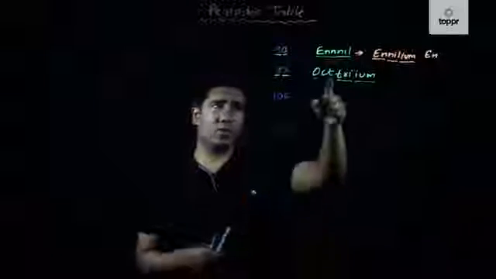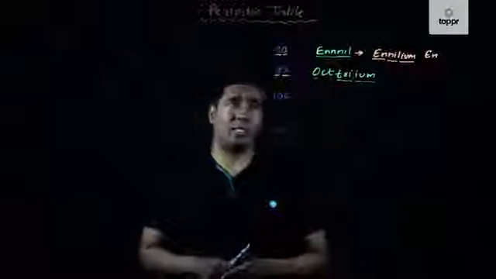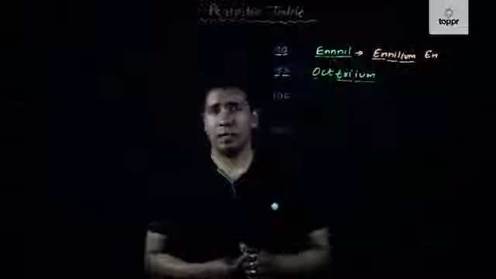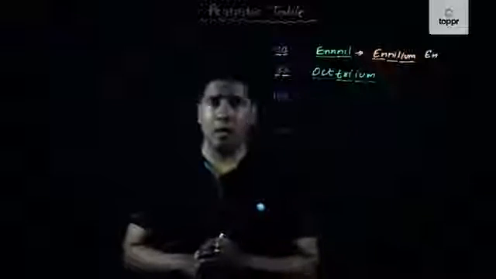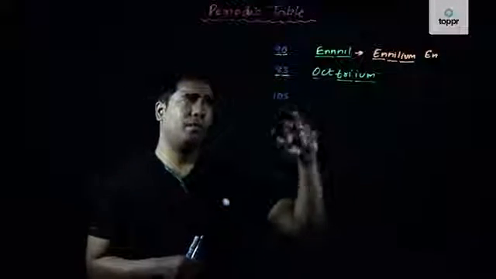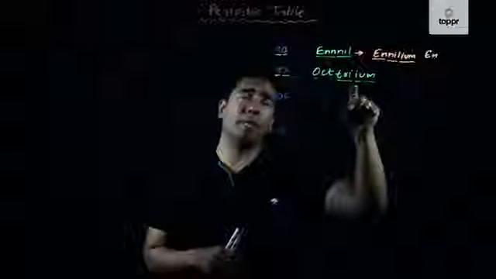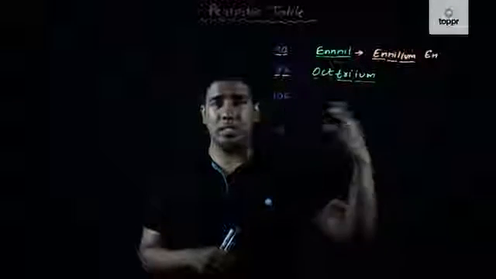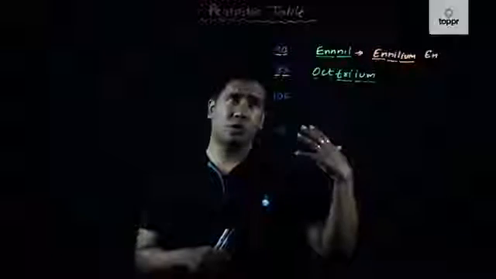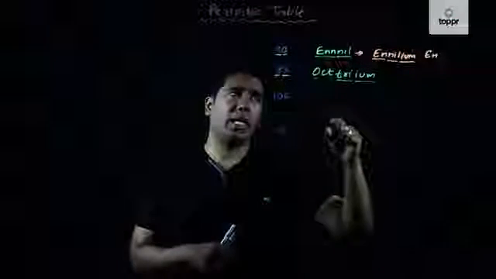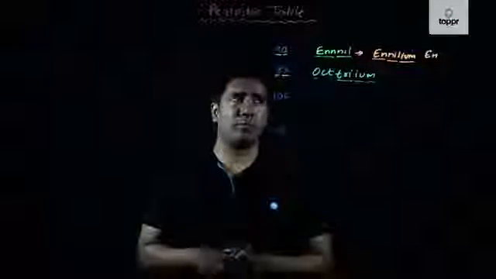Now here in this case we have a second exception, that is, any IUPAC name wherein the number ends with 3 or 2, in that case we remove one I out of that name.